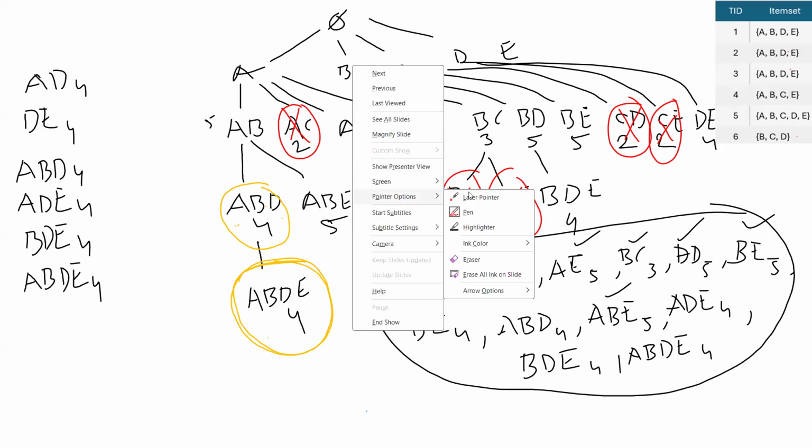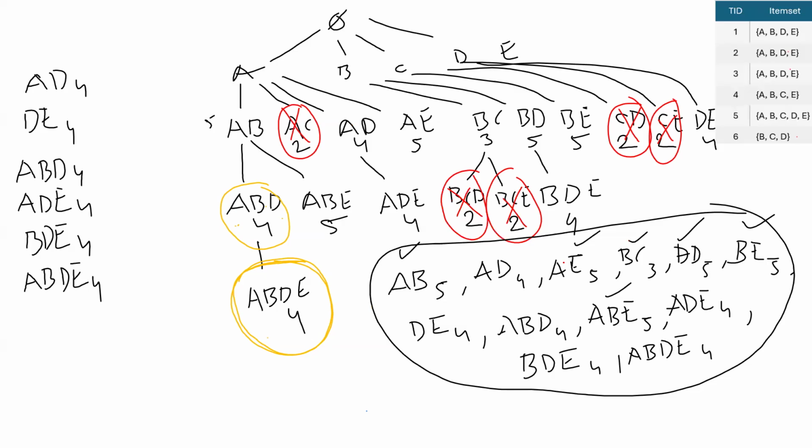Yes, ABD is a maximal item set because it is not a subset of any of the frequent item sets, so it doesn't have any frequent superset. Okay, so that is the first thing.